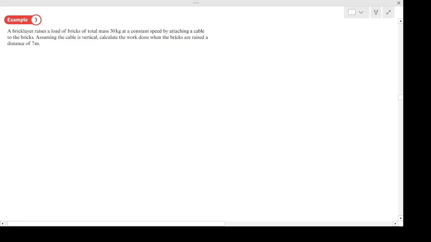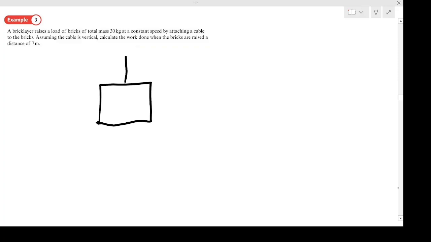Okay, so now we've got this question. We're told a bricklayer raises a load of bricks of total mass 30 at constant speed by attaching a cable to the bricks. Assuming the cable is vertical, calculate the work done when it's raised 7 meters. This one is a bit more vague. If I draw the situation here, we have some bricks. Again, I'm going to draw it as a box, but this time it's moving up.